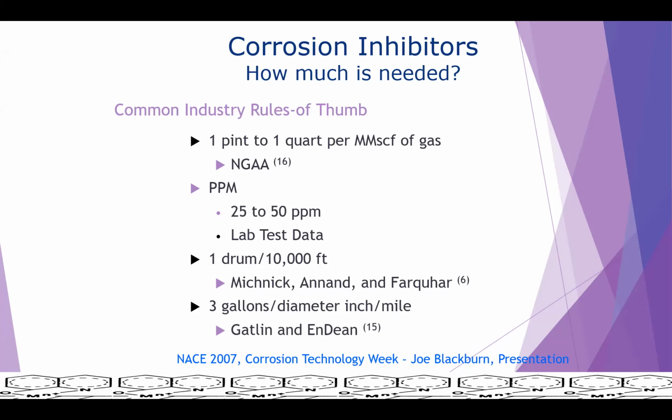There are some 16 criteria, including 1 pint or 1 quart per MMscf of gas, 25 to 50 ppm, lab test, 1 gram per 1000 feet, and 3 gallons per diameter inch per mile. Mr. Blackburn went through how these rules of thumb came into being, and they are extensively used.